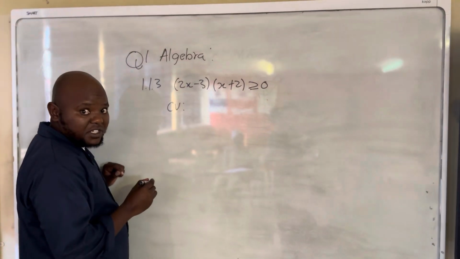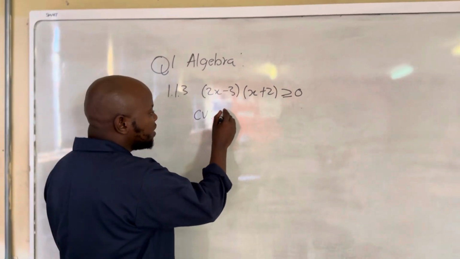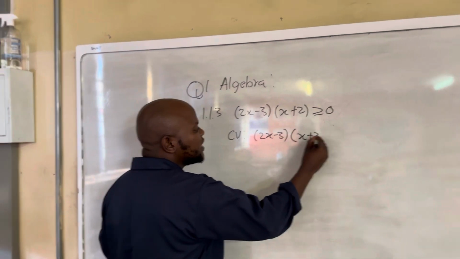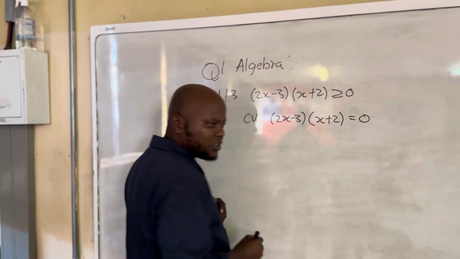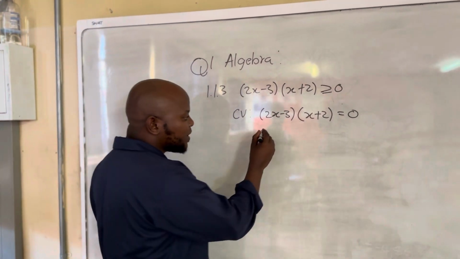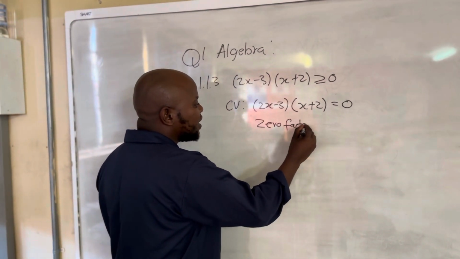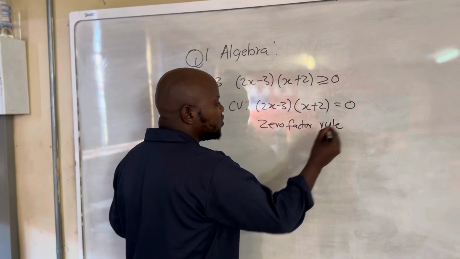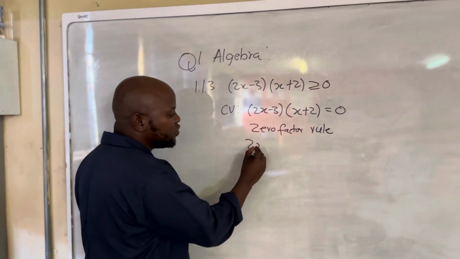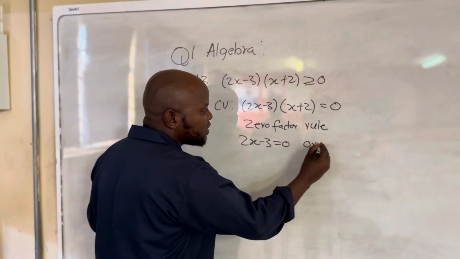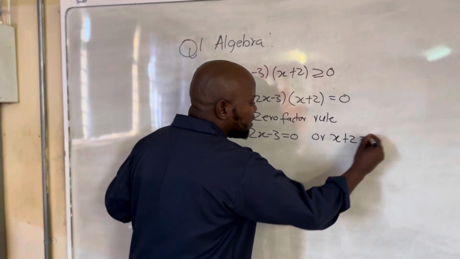What is the meaning of critical values? We have 2x minus 3 into x plus 2 is equal to 0. We're applying the zero factor rule, which gives 2x minus 3 is equal to 0 or x plus 2 is equal to 0.